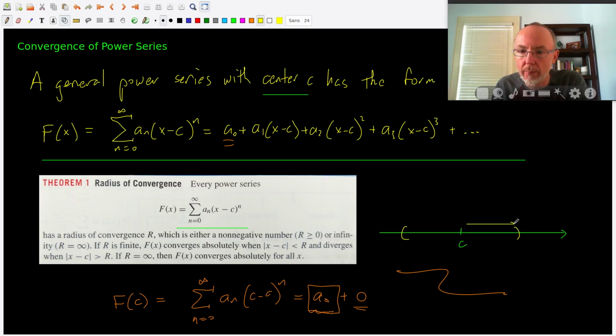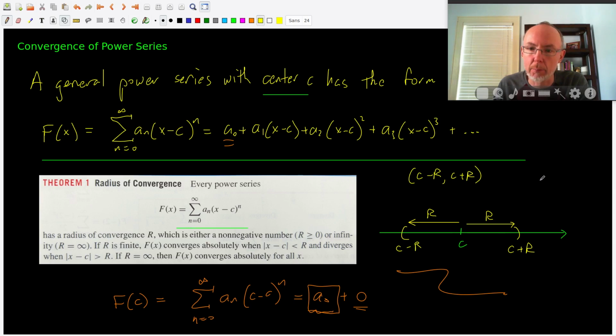And the main point of this theorem is to tell us that this radius of convergence is going to define the convergence. So it's going to converge in the interval from c forward a distance r and then backwards the same distance r. So one way of writing that is the interval of convergence is going to be c minus r to c plus r.